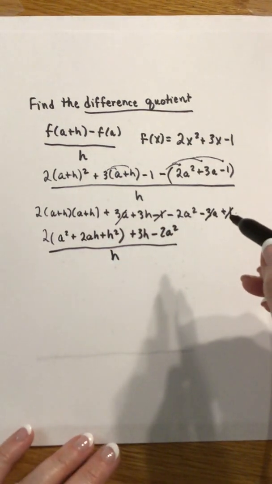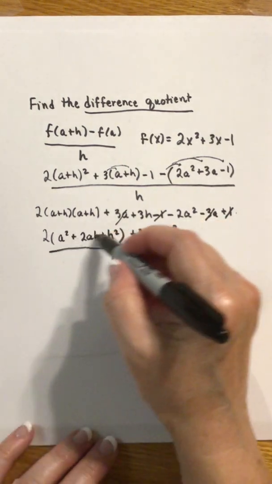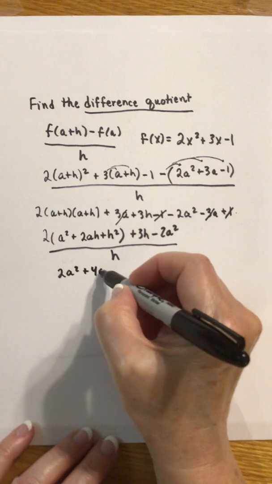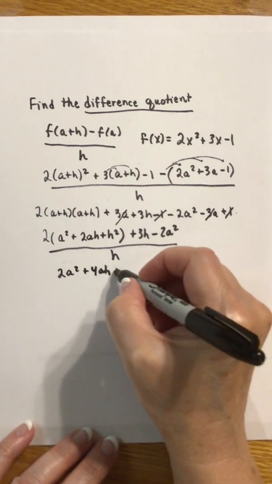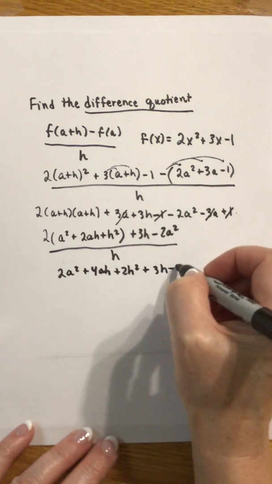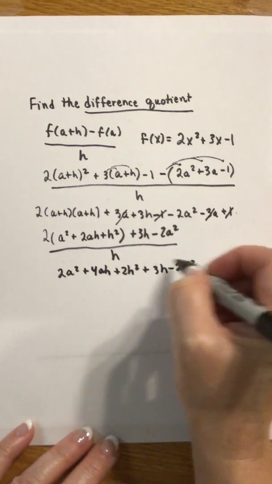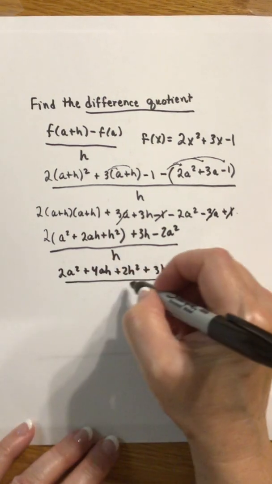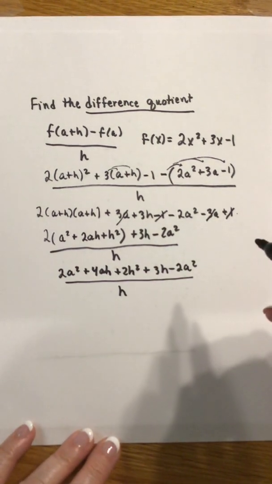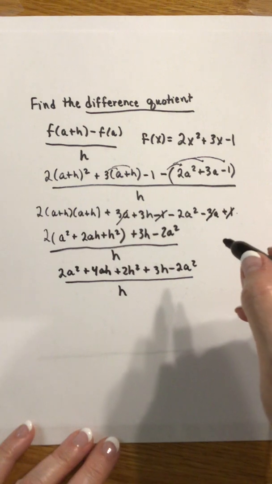So now getting close to finishing it out, we're going to distribute in, and we get 2a squared plus 4ah plus 2h squared plus 3h minus 2a squared all over h. So now what do you see that can come out? Well, we look for common terms first.